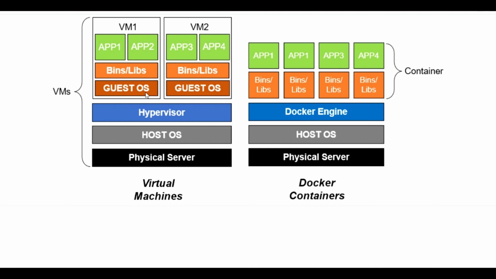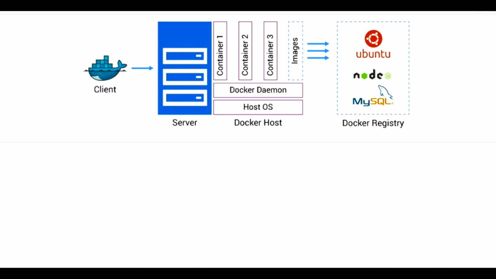Now let me talk about the Docker components. In this section, let me talk about the components that Docker has. First is the Docker client. What is the Docker client? It's the primary tool for users to interact with Docker, to issue all the Docker commands to the Docker daemon.